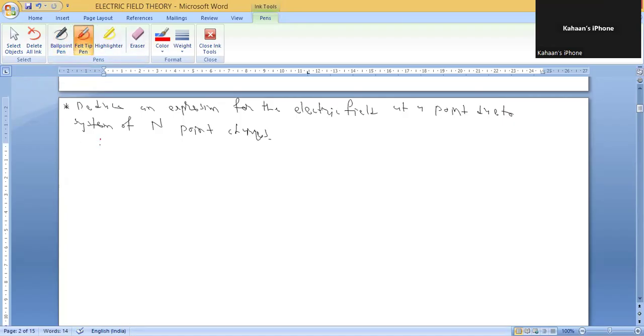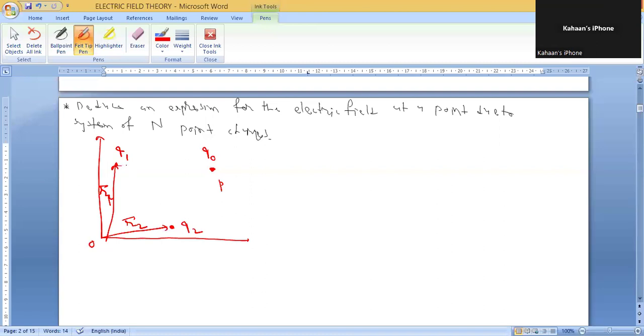So first we take a figure. Charge Q1, its position vector from O is R1. Charge Q2, its position vector from O is R2. And at point P, take charge Q0.